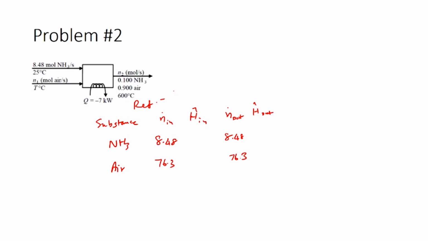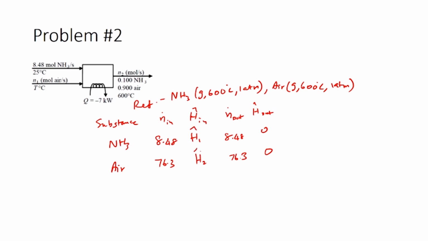If we were to use that, then you would have ammonia gas at 600 degrees Celsius and 1 atmosphere and air at 600 degrees Celsius and 1 atmosphere as your reference states, which means the outlet condition enthalpies would be 0. So, the inlet enthalpies have still to be calculated. So, you would have H1 cap and H2 cap.